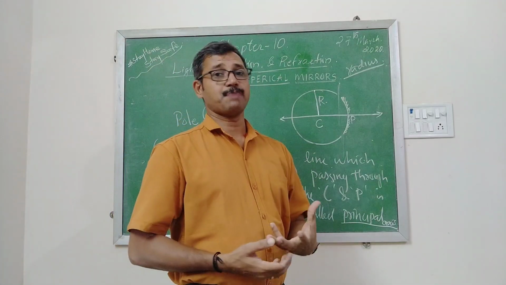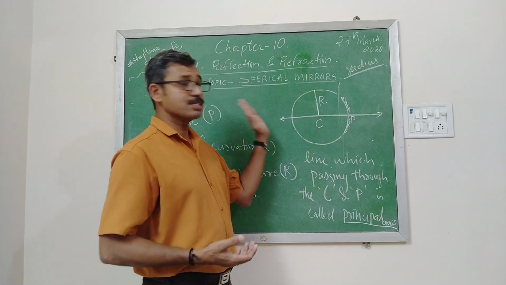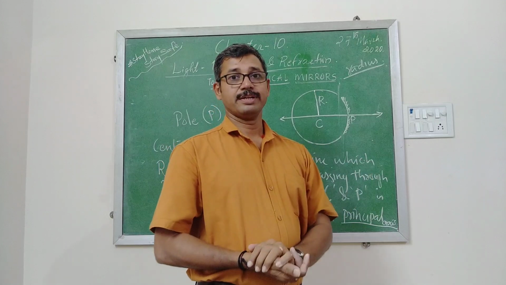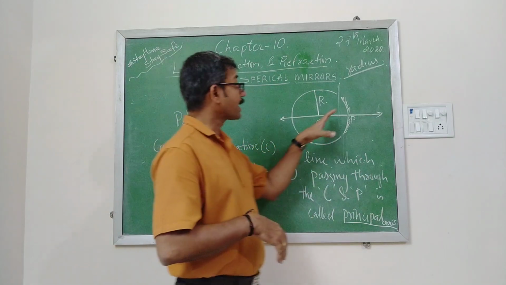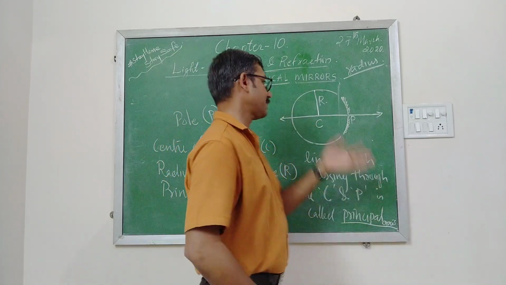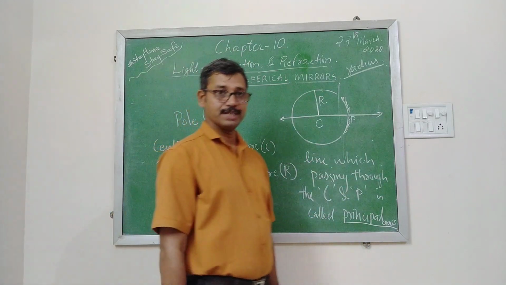Now what does this pattern mean? Whenever light falls inclined on the mirror, it reflects and converges, or appears to converge, at a point on the principal axis. Take care, what is told?